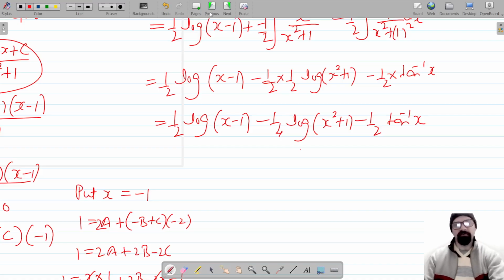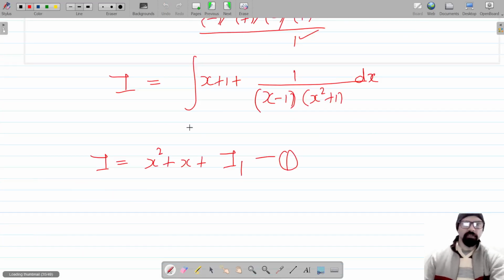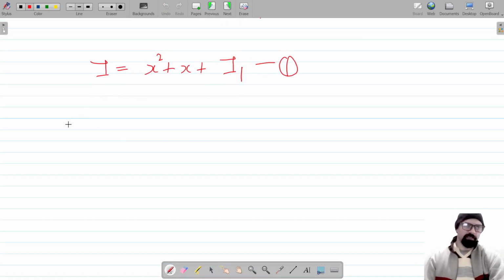Okay, let me fill in this value here. So this is half log of x minus 1 minus half tan inverse x minus 1 by 4 log of x squared plus 1.